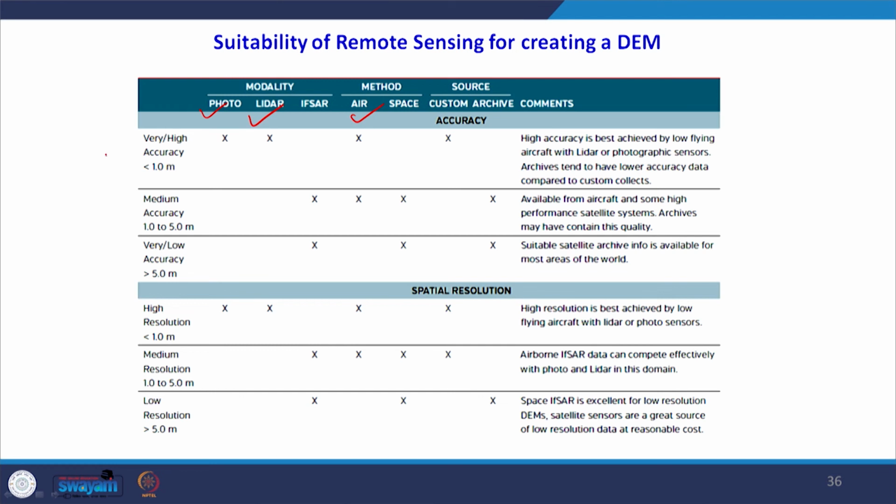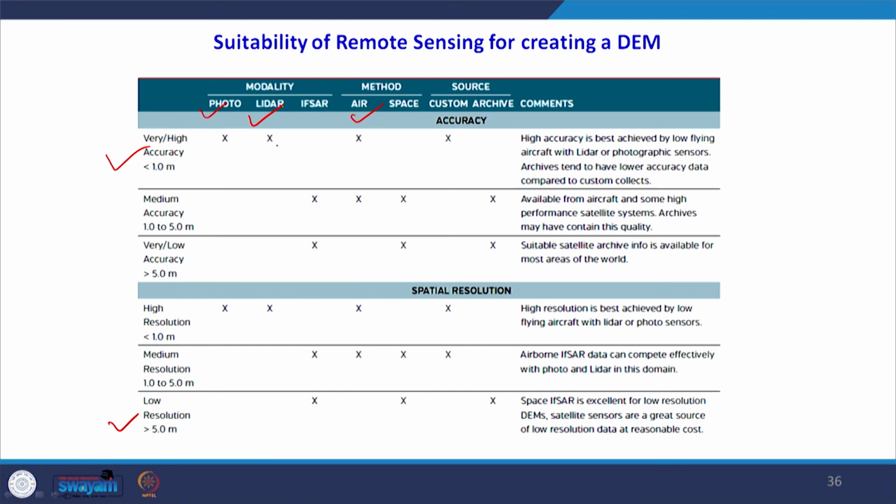We may require very high accuracy, which is less than a meter from the DEM. We may require a low resolution DEM, which is greater than a 5 meter accuracy. So it depends upon our applications, for which applications we are actually doing it.